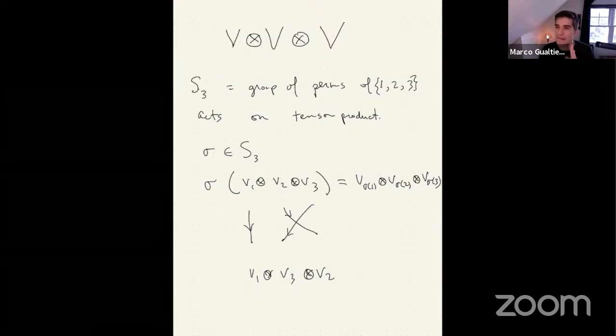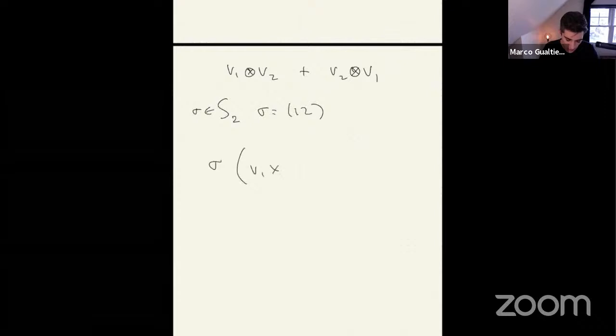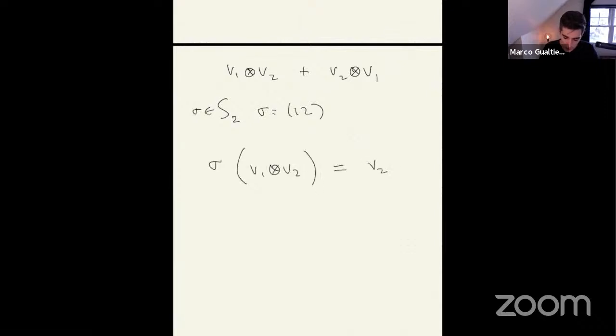And then what you can do is ask for the subspace of tensors which are invariant under this permutation. So for example, if I take V1 tensor V2 plus V2 tensor V1, and this is a permutation, which is just the 1-2 permutation, then when I apply sigma to V1 tensor V2, this will give V2 tensor V1.